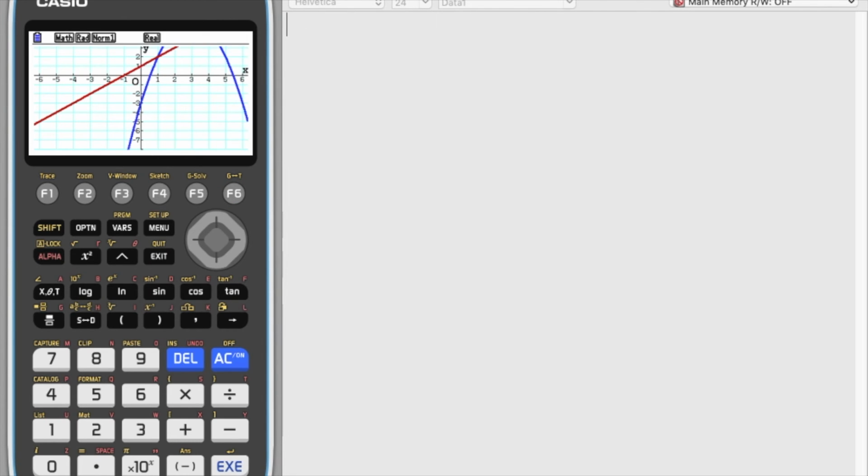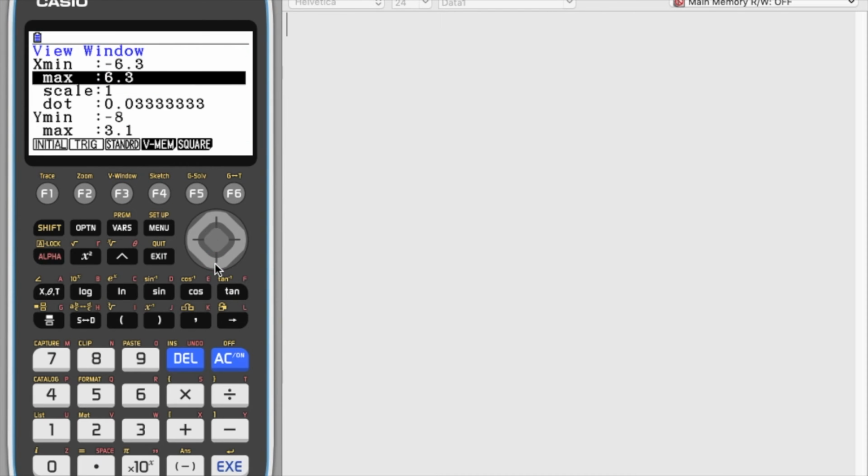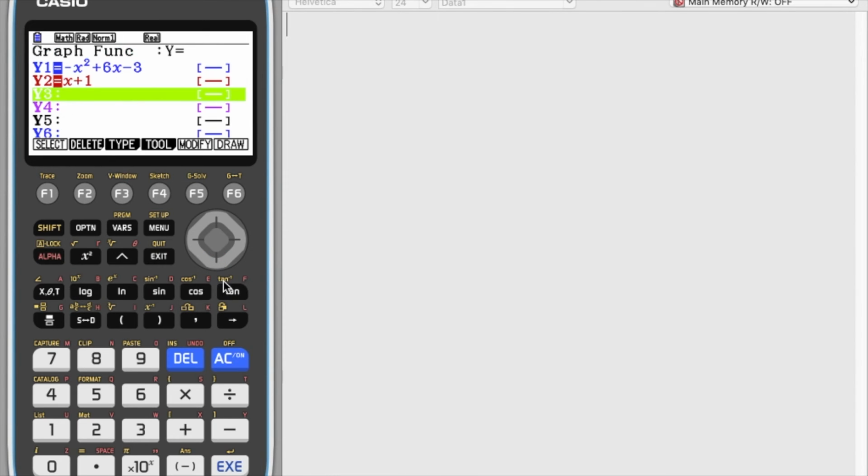Now on this one, I have to adjust my window. So it looks like I need to go a bit higher in both x and y. So I'm going to go to my window, and I'm going to make my x max maybe 15.